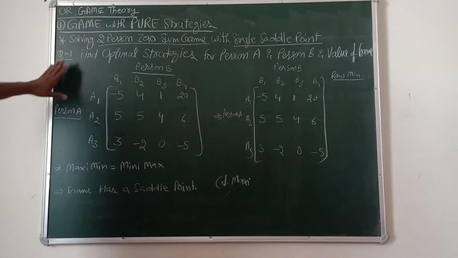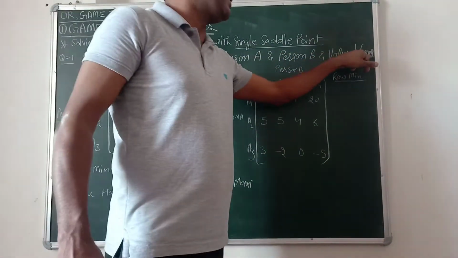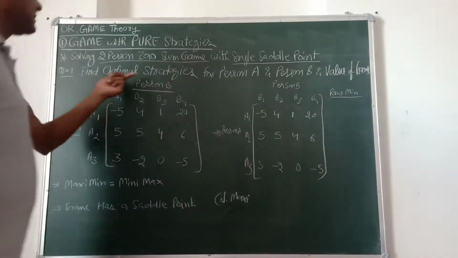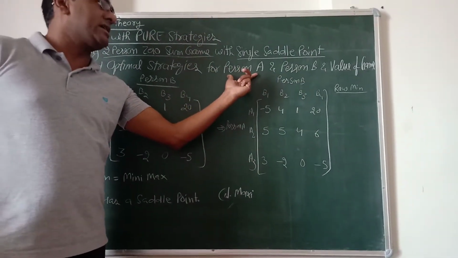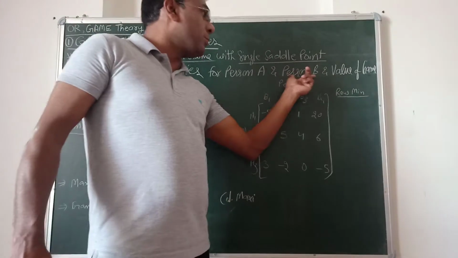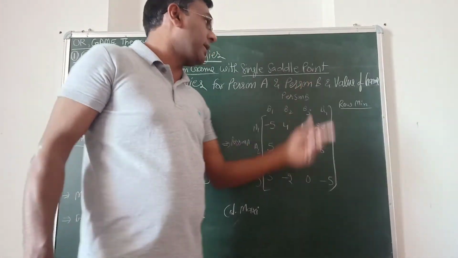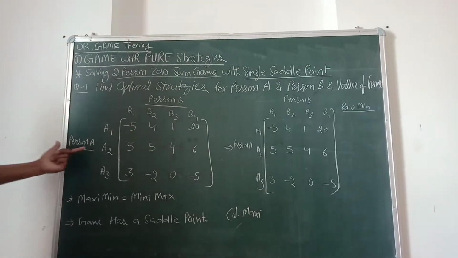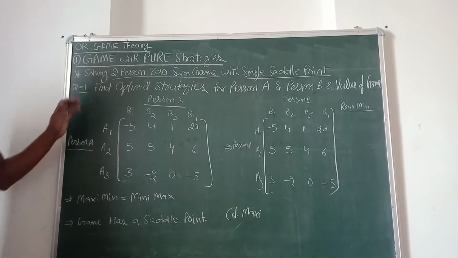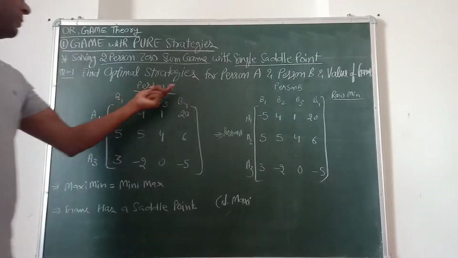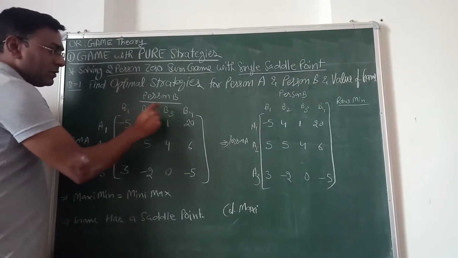Now the question is, find the optimal strategies for person A and person B and the value of the game. Optimal strategies means that if A is going to maximize his gain, person B is going to minimize his loss also. So this is the payoff matrix. This is person A and he can use three strategies, A1, A2 and A3. Similarly, this is person B, and he can use four strategies, B1, B2, B3 and B4.